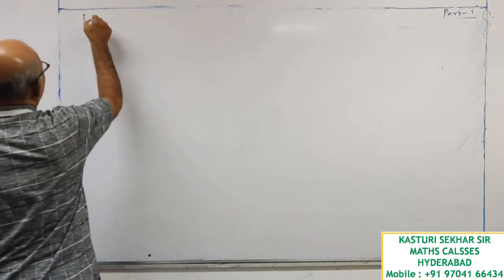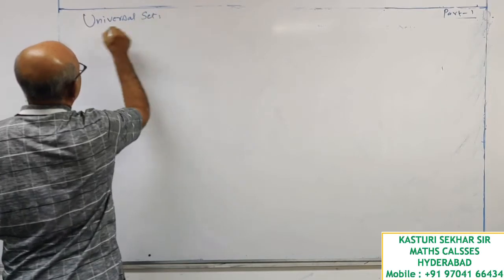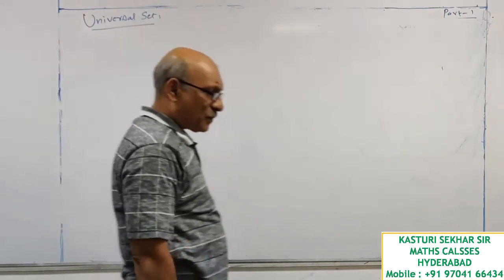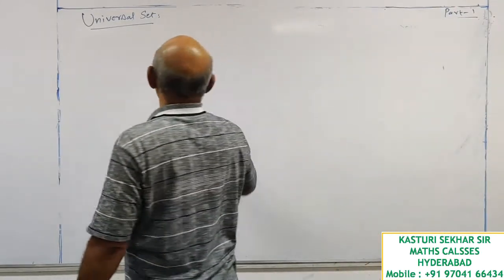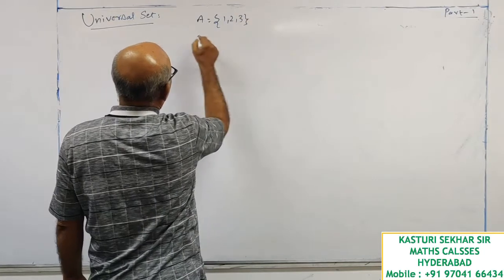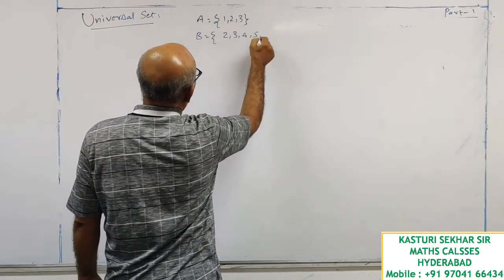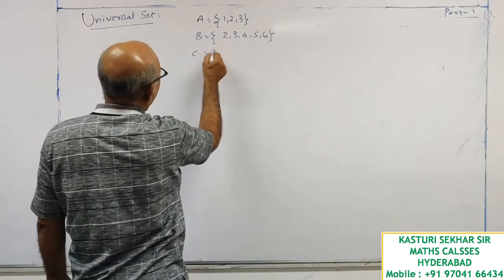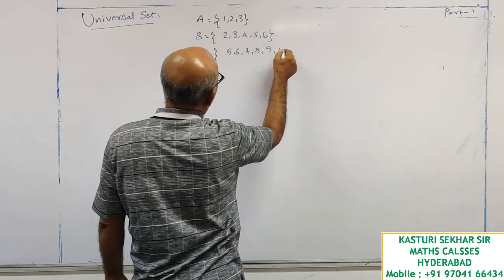Next, universal set. Before going for the definition, let us see an example. Set A is having 3 elements 1, 2, 3. Set B is having 2, 3, 4, 5, 6. Set C is having 5, 6, 7, 8, 9, 10.